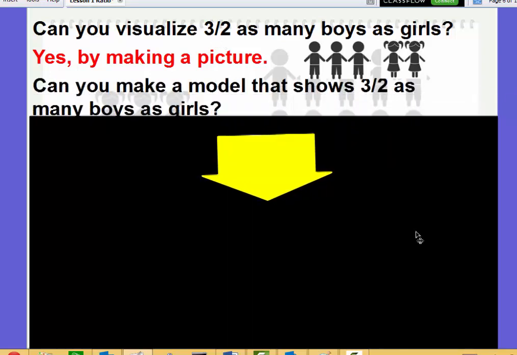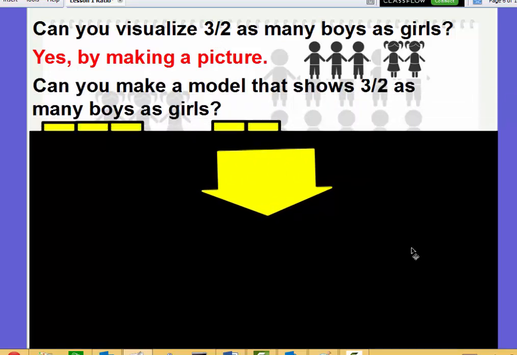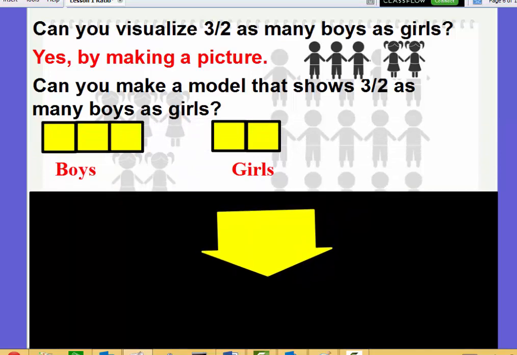Can I make a model that shows 3 halves as many boys as girls? Yeah, that one's really easy. I can use a tape diagram. Here we have 1, 2, 3 boys and 1, 2 girls. So it's still having that ratio of 3 to 2.